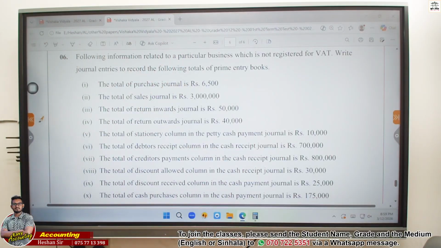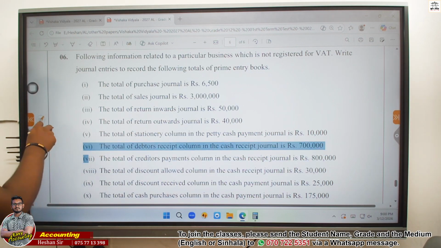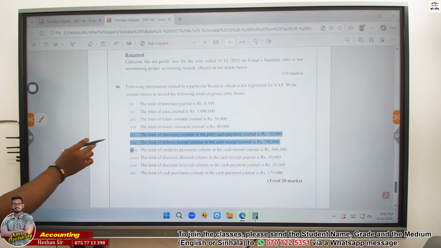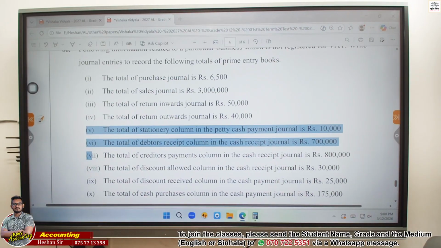Write the journal entries to record the following totals into primary books. Now you need to record the journal entries in the general journal. If not, we are deducting 3 marks.